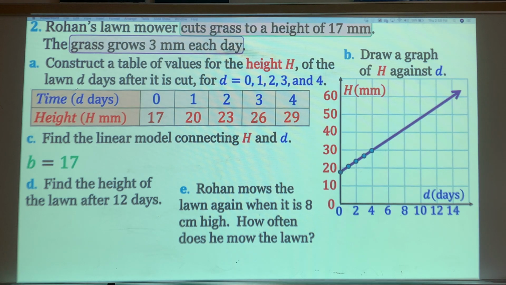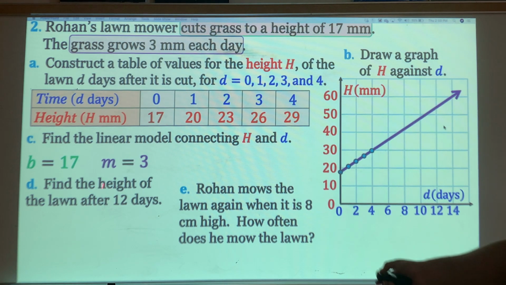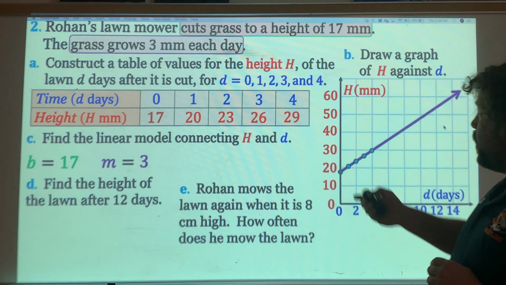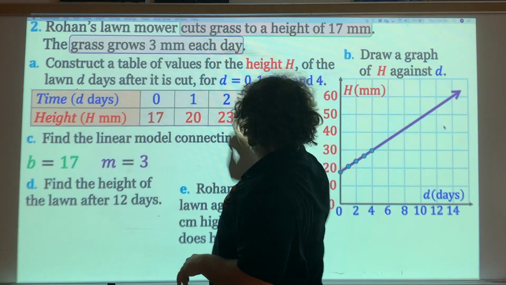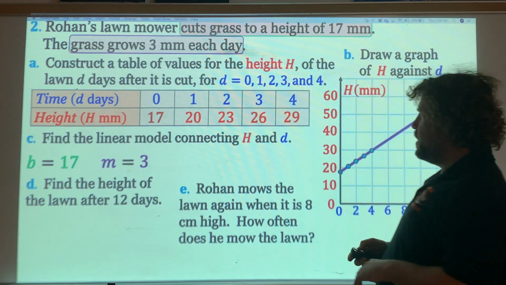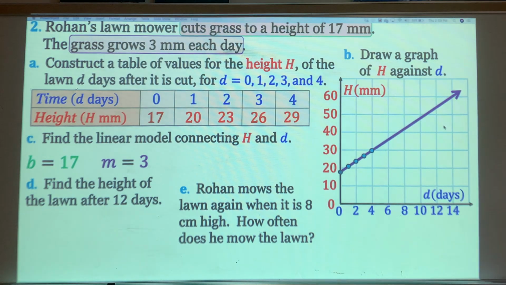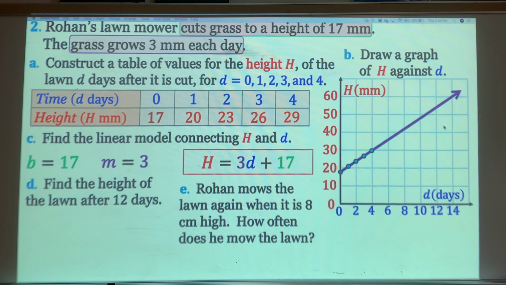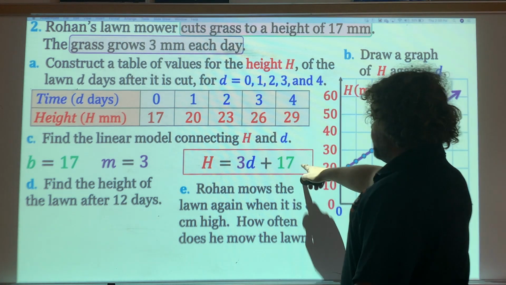After you find b, you're going to find m, which is 3. Why is it 3? Because it grows 3 millimeters a day. You're going up 3 over 1 each day. All right, you're going to create your linear model. h is 3d plus 17.